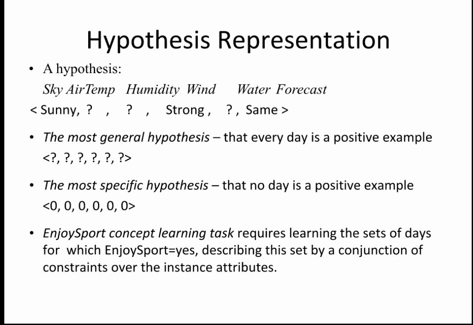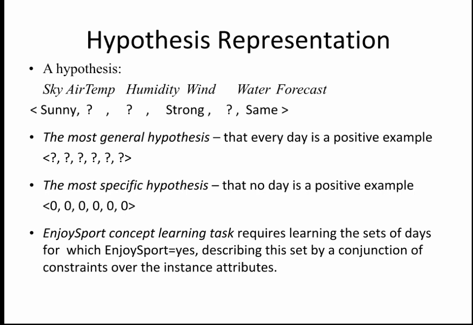And the reverse, when we have zeros in all the places, that means no value: whatever value you take, none of the attributes will let you enjoy your sport, or they will not give you a value of yes, will not give you a positive example. That means no day will be positive, no day is suitable for sport, and this is known as the most specific hypothesis, because we do not have any specific value for any particular attribute to judge my concept as true or false, right?